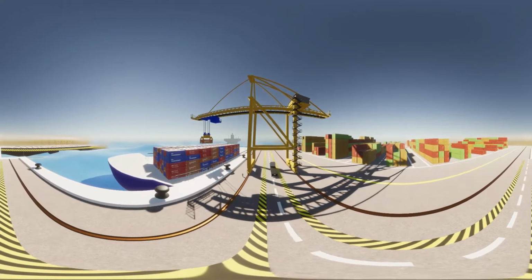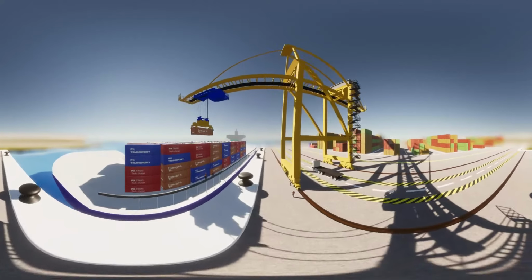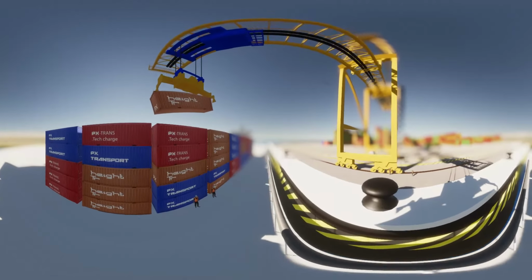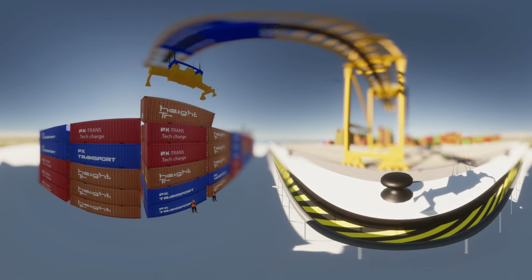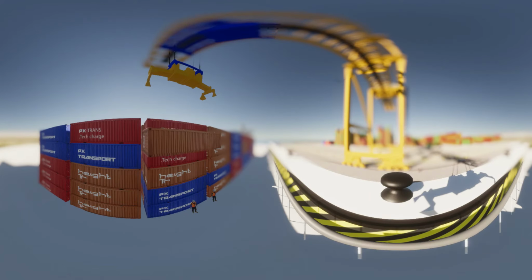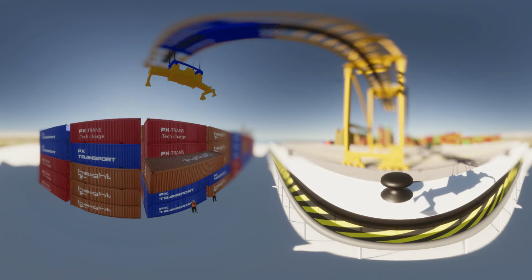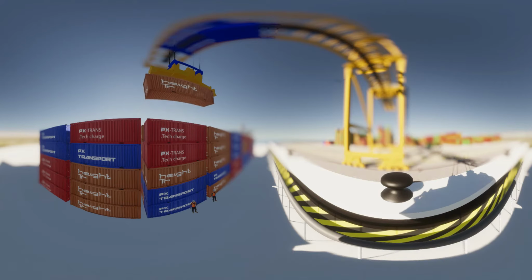Here, if you make any mistake, then the lives of these workers are in danger. Not only one container, but a full stack of containers may be grounded. Let's avoid this mistake. Not only in this area, but whichever area you're working in is in danger in this type of situation.